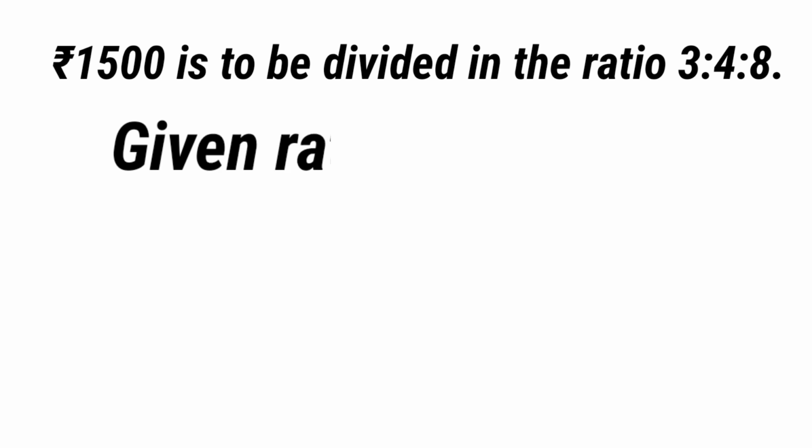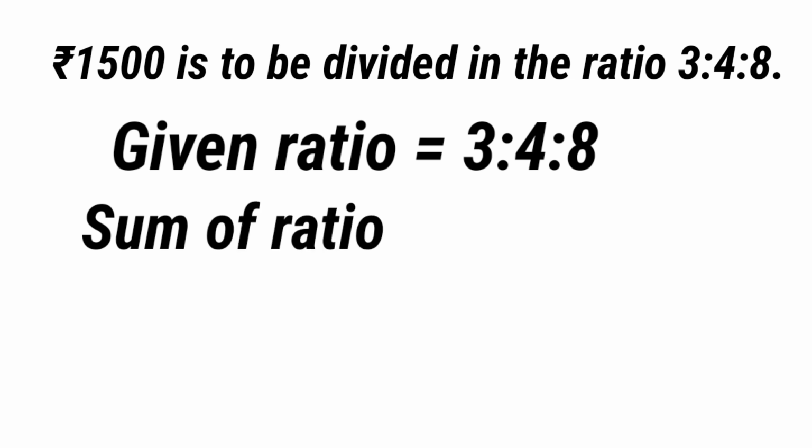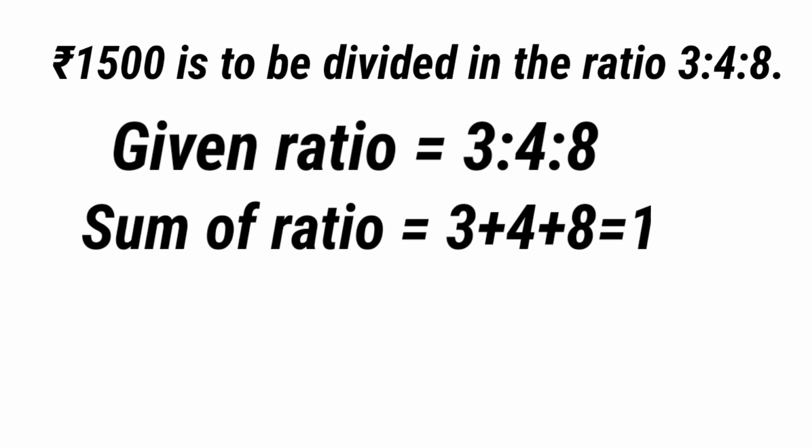In this ratio, we have to divide this 1500 into 3 parts, so that the first one will take 3 parts out of the total parts, the second 4 parts out of the total parts and the third 8 parts out of the total parts, and the sum of the ratio is the total parts. That means 3 plus 4 plus 8 is equal to 15. So that is the total parts.